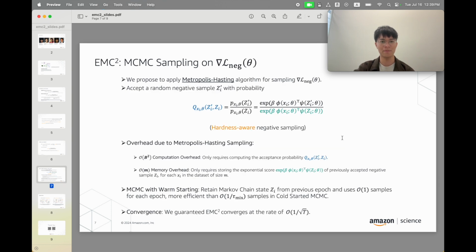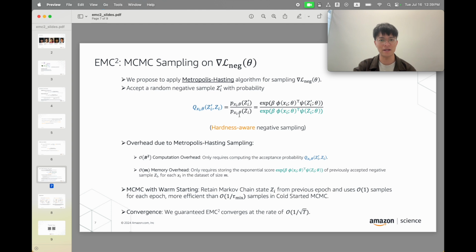In our paper, our method is to apply the Metropolis-Hastings algorithm to sample the negative loss gradient. According to the Metropolis-Hastings algorithm, what we need to do is to accept new negative samples with probability equal to the ratio of the exponential scores.